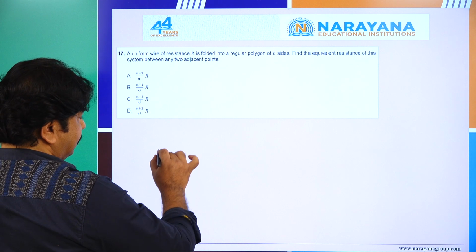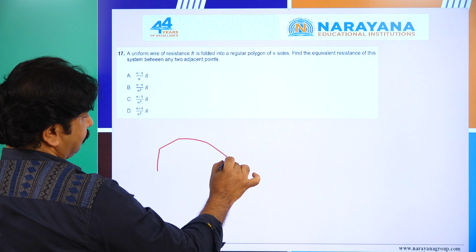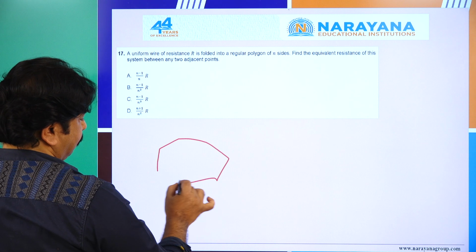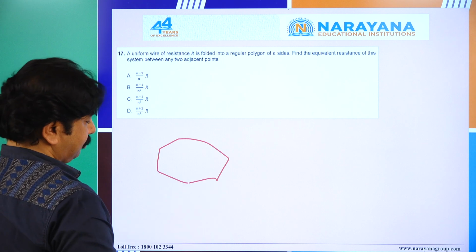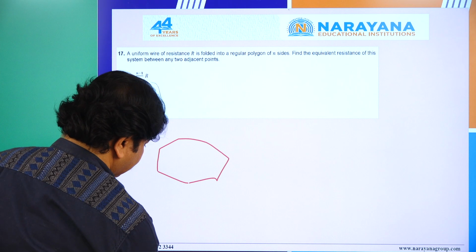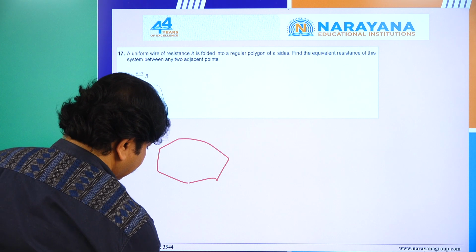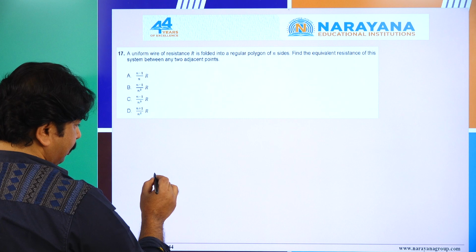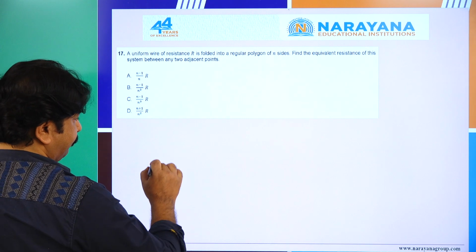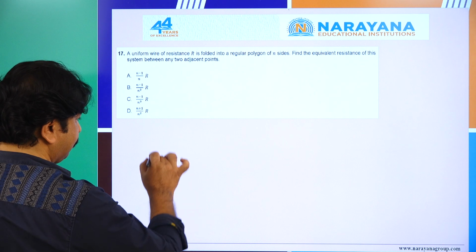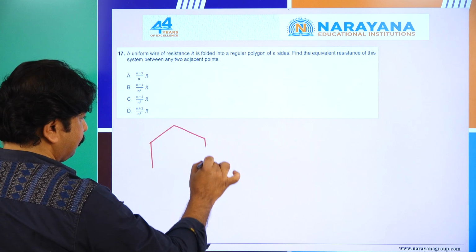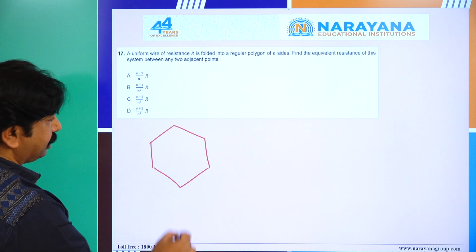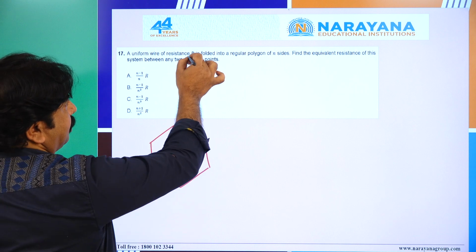For example, this is one of the regular polygons. The total resistance of that one is R, they have given.